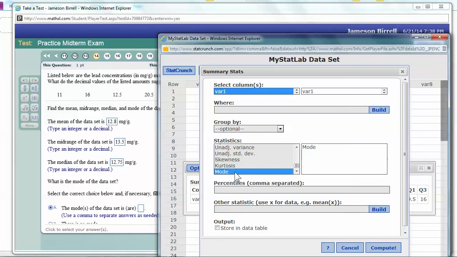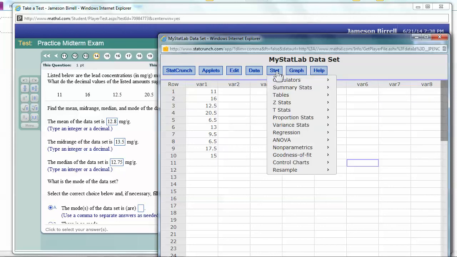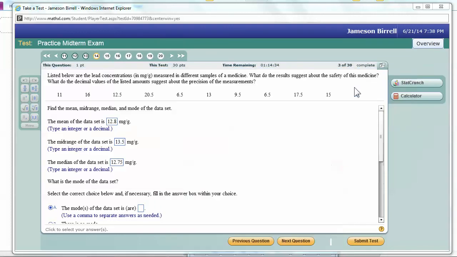There was, down here at the bottom. So I can add mode to all of what I already had, or I can just replace it and do a mode calculation. And it says 6.5. Now by the way, again, you can hit Options, Edit, or you could have just closed that window and hit summary stats again, column, to get that to open.